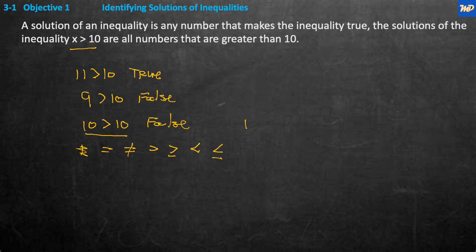What if it was 10 is greater than or equal to 10? Then this would have been true. So these are the symbols we use: not equal, equal, greater than or equal, less than or equal. You'll see them as you work in algebra and as we move forward here.